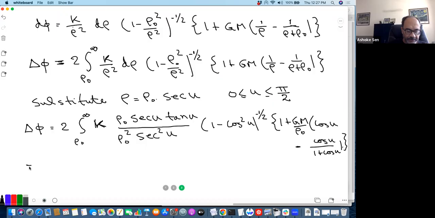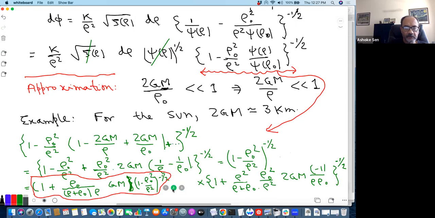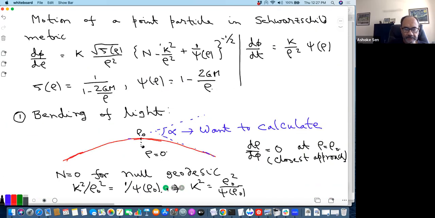So this one I write, so 2k over rho naught. Okay, let's now try to see if we can substitute for k. So k was rho 0 over square root of psi of rho 0, right? So we're going to make that substitution.